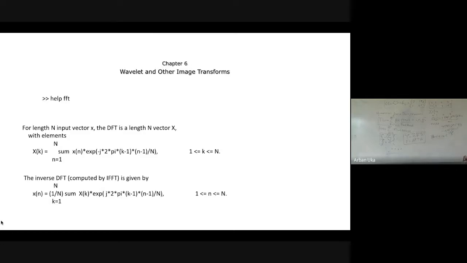Finally, we got a non-trivial number. Then this is minus 1 times exponential of minus j 2 pi times (k minus 1), where k minus 1 is 1 and n minus 1 is 2, divided by 3. So this is going to be minus 1 times e to the power minus j 2 pi times 2/3.